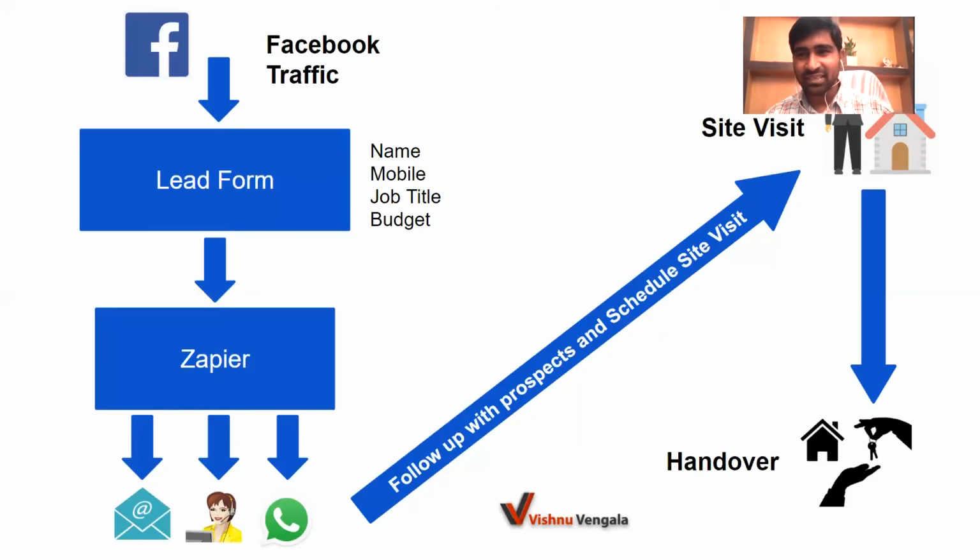And within seconds or within 2 or 3 minutes, the salesperson, the telecaller, calls you with your name. Hey Vishnu, you have shown interest in our project, and you have shown interest to visit the site. So when can I schedule a site visit for you? You can come with your family, and I'm happy to help you.